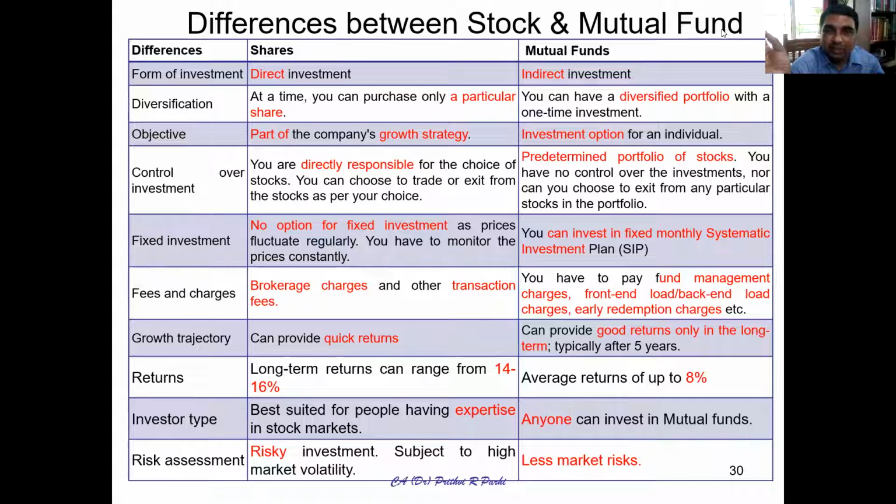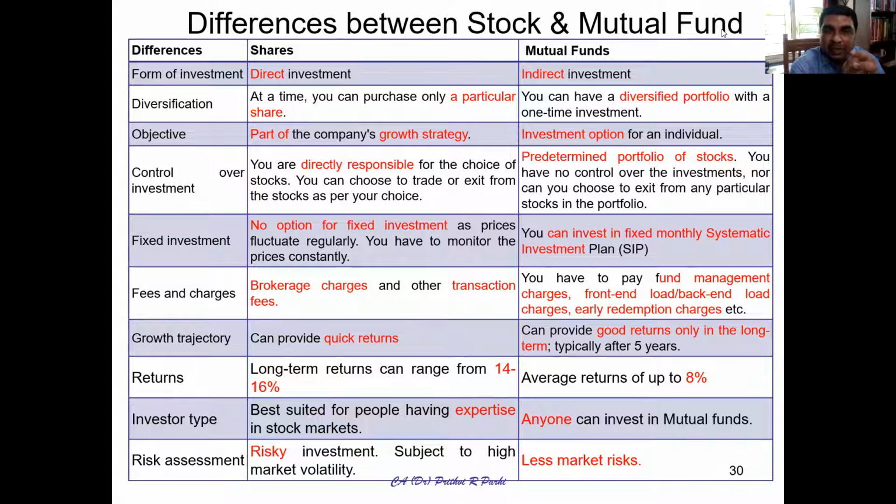You can invest a fixed amount monthly. Then brokerage: under stock investment, brokerage charges and transaction fees are charged. But when investing in a mutual fund, fund management charges, front-end loads, back-end loads and early redemption charges are levied.